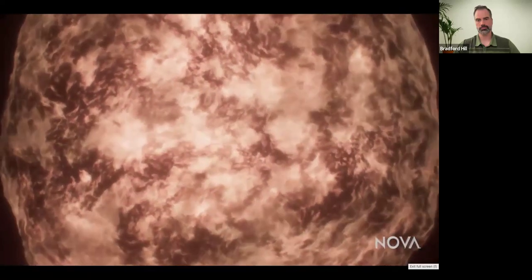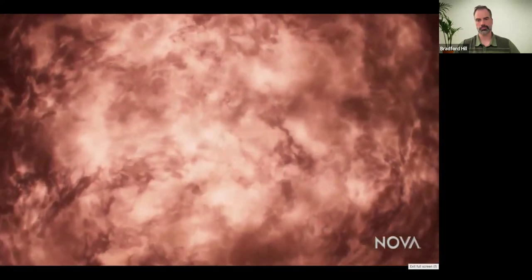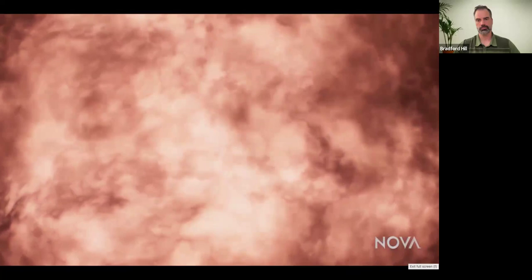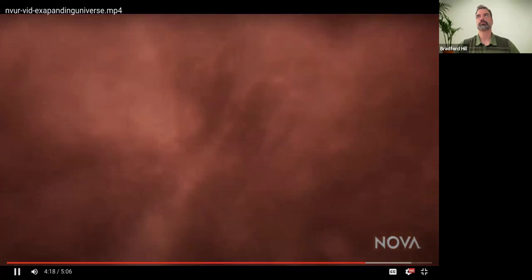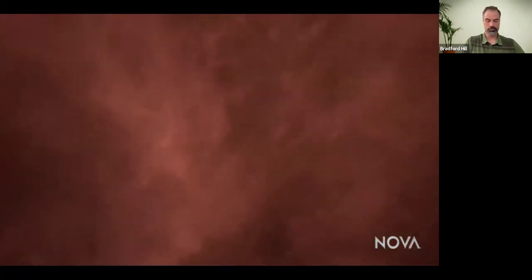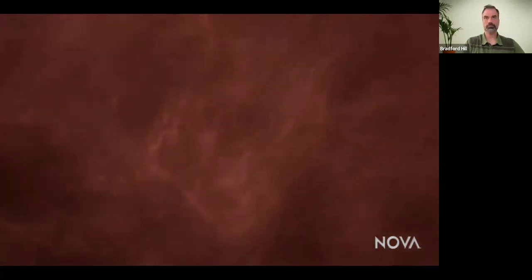The moment when our universe burst into existence. Yet it wasn't anything like an explosion. This is the initial state of the universe, which was very hot and very, very dense.